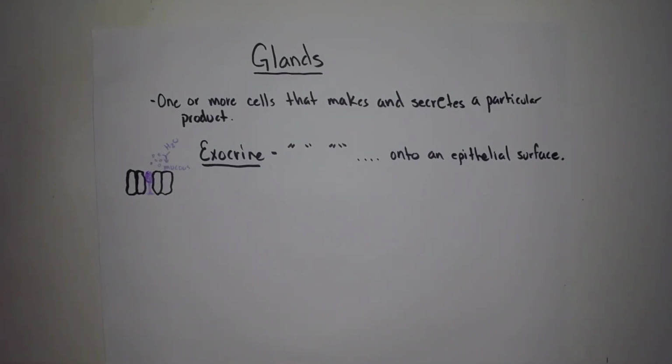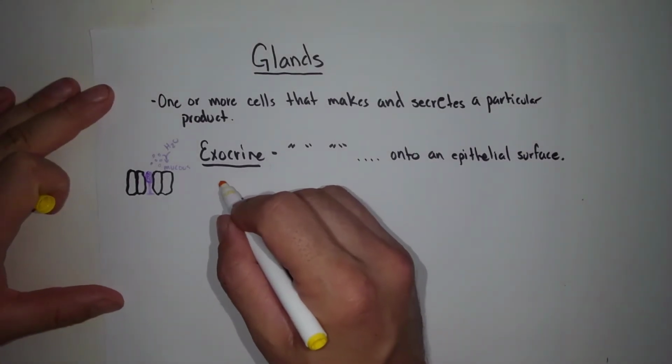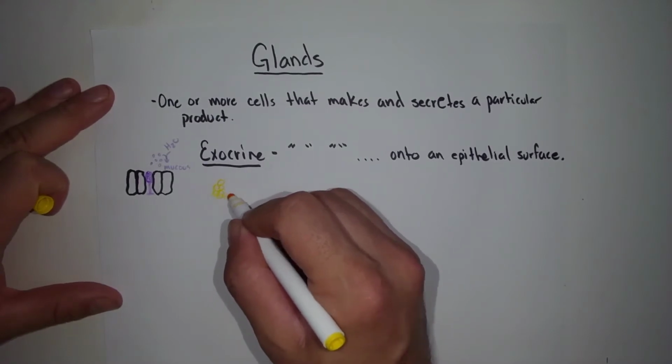Now, another example of an exocrine gland might be something like the parotid gland.